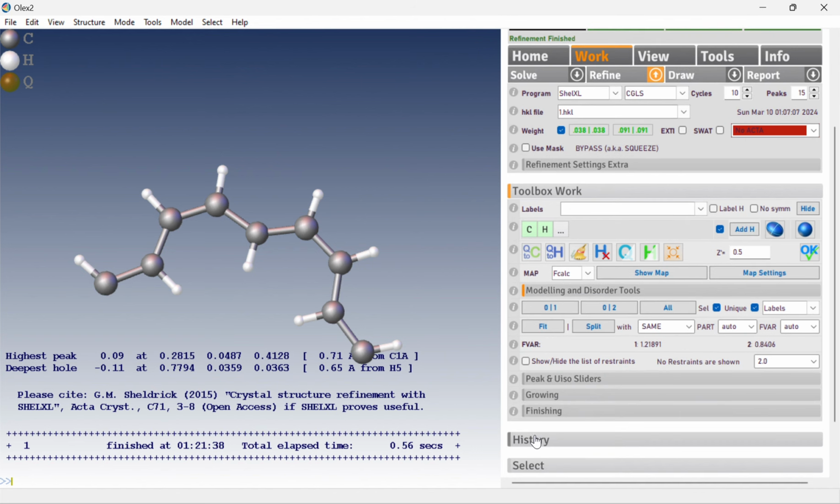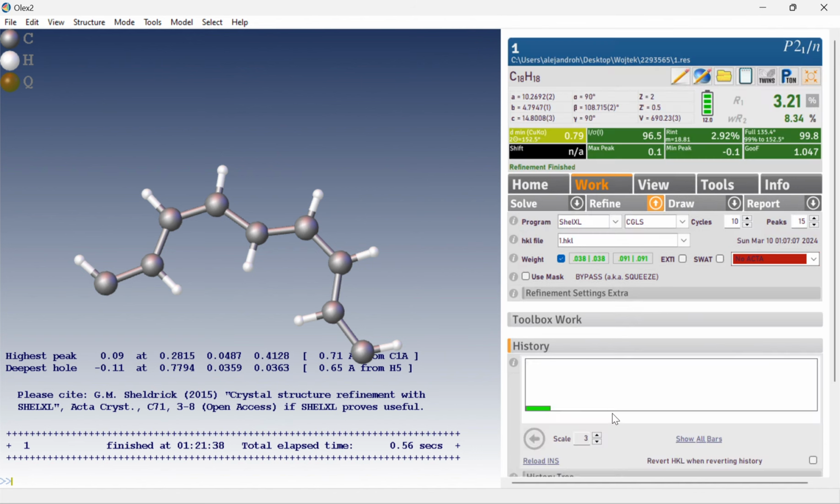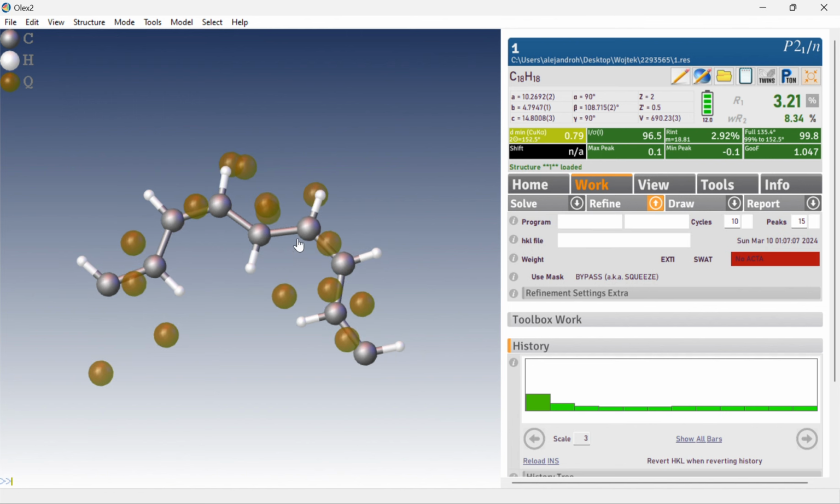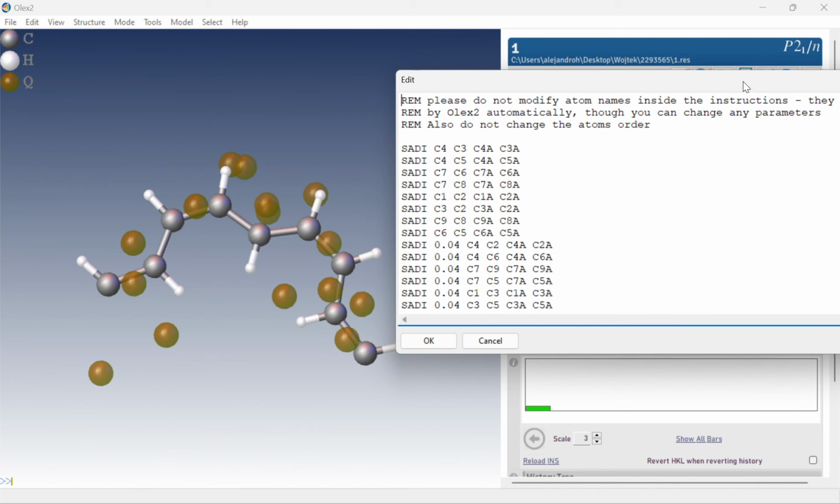And now if we come back, let's go to history, we will come back to the previous refinement. Sorry, probably a bit more further away. Yeah, does it contain restraints? Yeah.